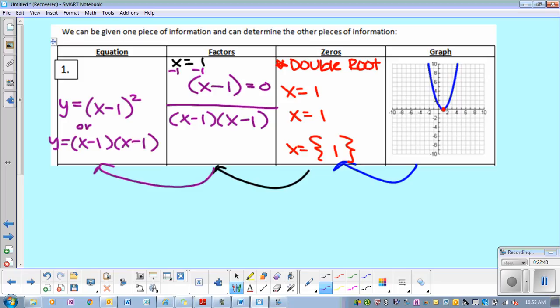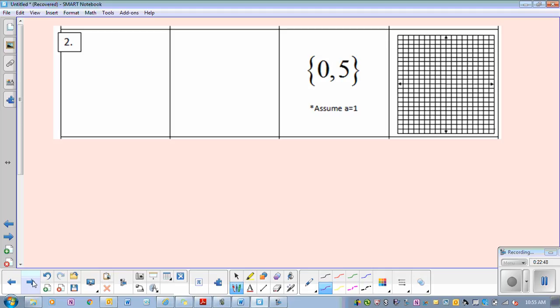All right. Should we try the next one? Here they gave me the zeros, and they said assume that a equals 1. So we have 0 and we have 5. Try to stay awake. I'm going to start here and go over there.